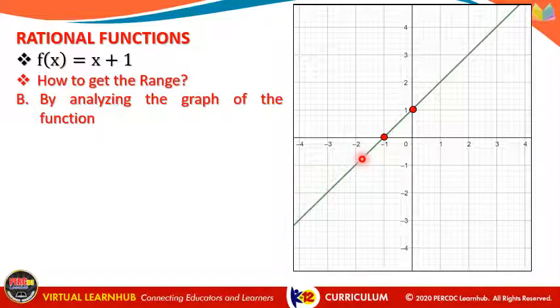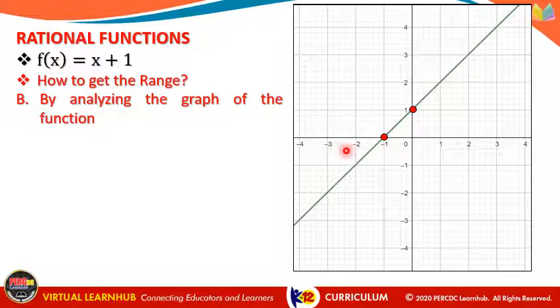Ano ang nangyayari sa value ng f of x? Ano ang nangyayari sa line habang pababa ng pababa yung x mo? Ano ang nangyayari sa line habang napupunta sa left side yung ating graph?